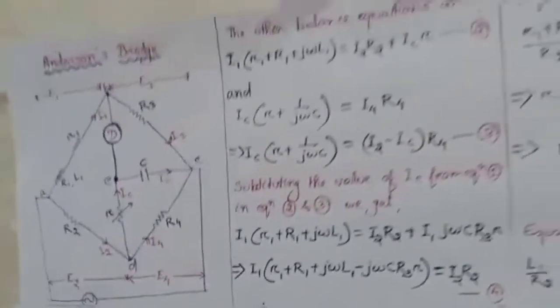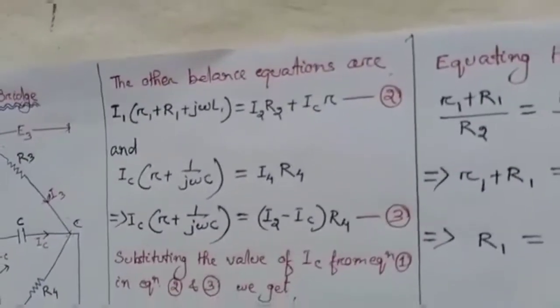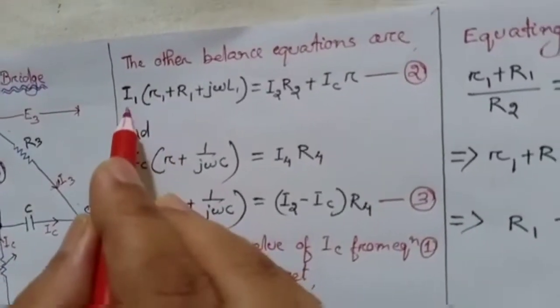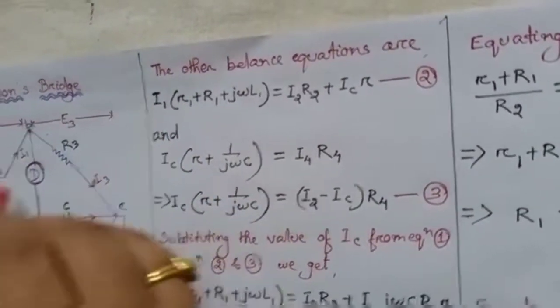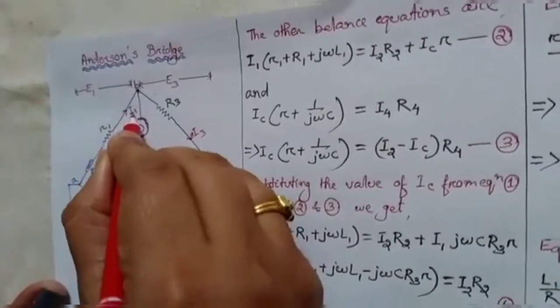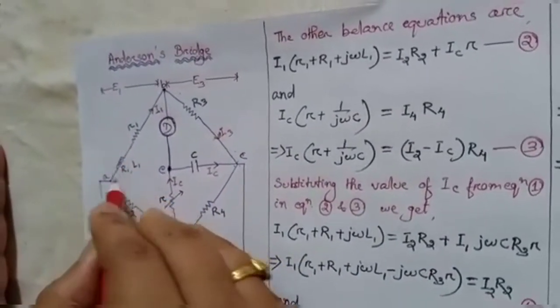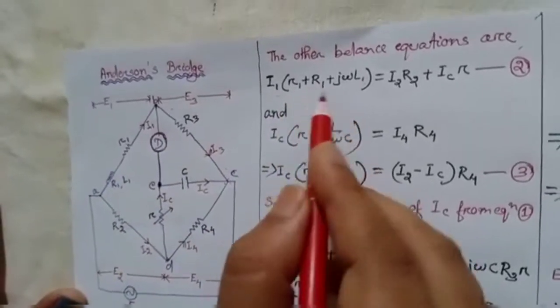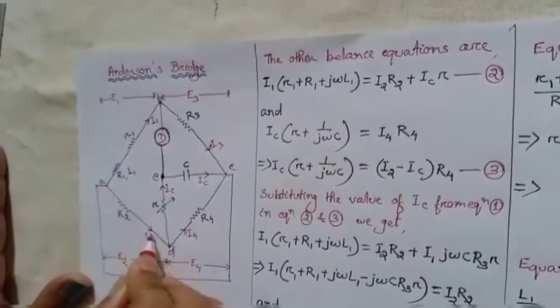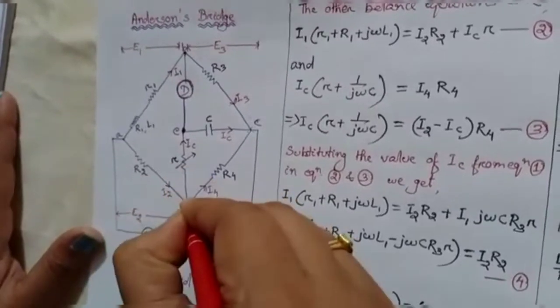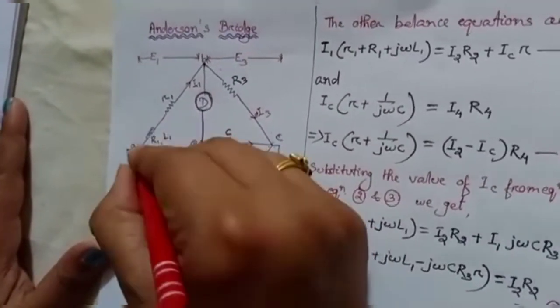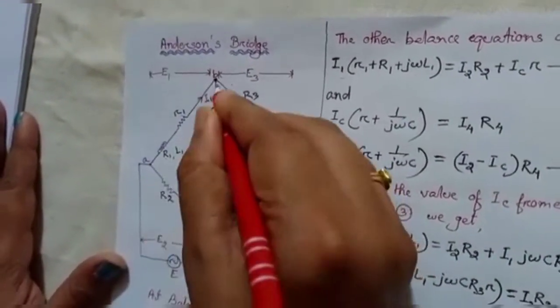Then the other balance equations. I can write the voltage drop I1 into (R1 plus j omega L1) must be equal to the potential of A to D plus the potential of D to E, because now B and E are at the same potential.